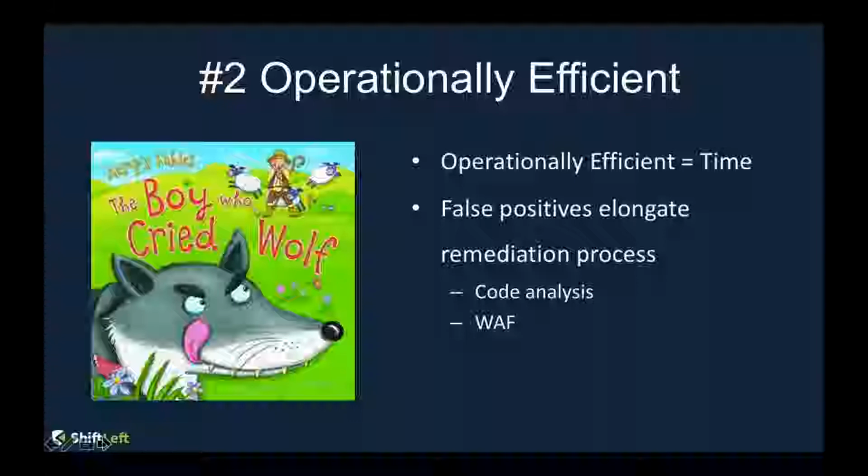So for the new DevSecOps initiative, you want to make sure you're highly operationally efficient. So the solution should be precise, because imprecision would defeat any comprehensiveness. And false positives essentially elongate the remediation process, which we talked about with respect to code analysis and traditional WAF solutions.